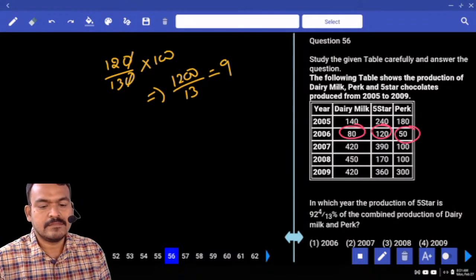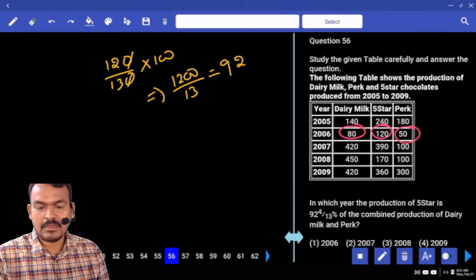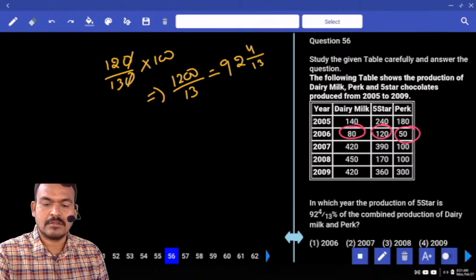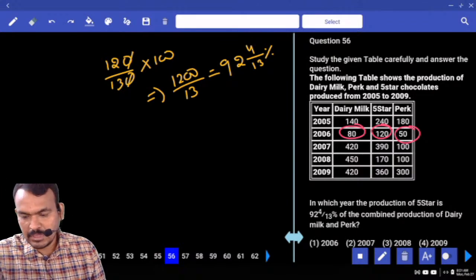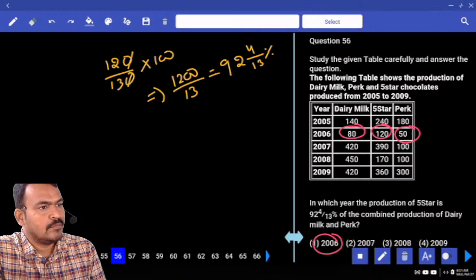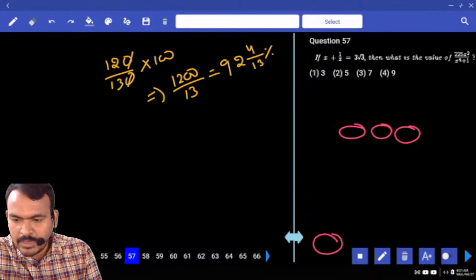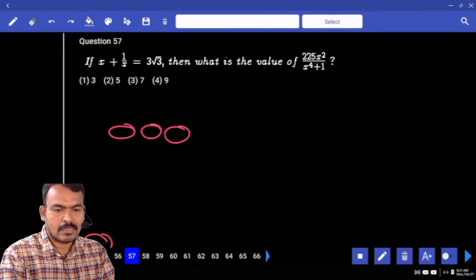What is the remaining? 3. 30 means 2 times. What is the remaining? 4 by 13. I think the answer is 2006, because out of the 4 options only one option is the answer. Next question number 57.